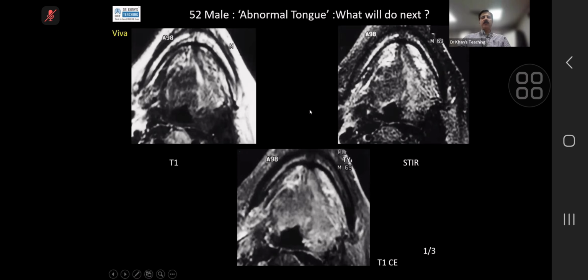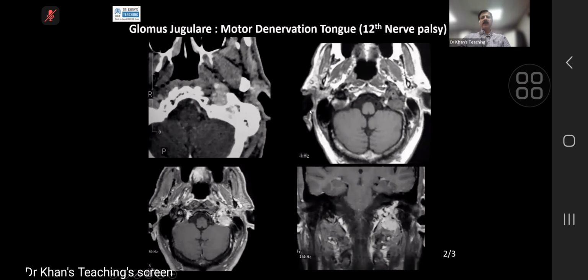Remember the anatomy: the hypoglossal canal is sitting next to the carotid space. So there might be a lesion at the base of the skull which can cause motor denervation. In this particular case, there was a glomus jugulare causing it.